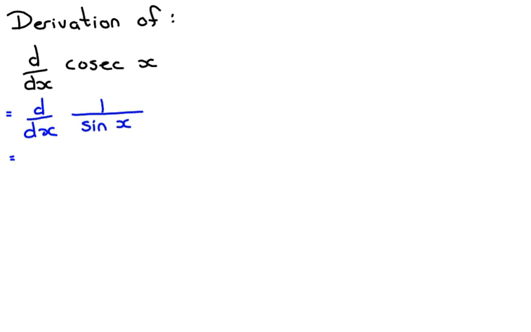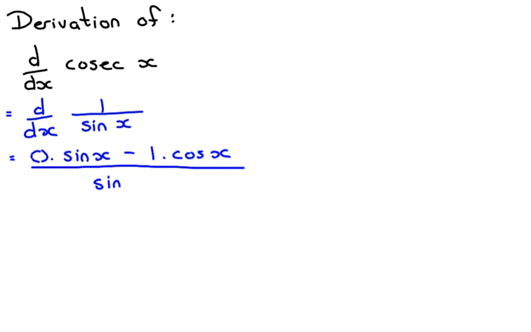The derivative of my numerator, 1, is 0, times the function in the denominator, sine x, minus the function in the numerator, 1, multiplied by the derivative of sine x in the denominator, which is cos x, all over the denominator squared. Obviously 0 times sine x is 0, so I'm left with minus cos x in the numerator and sine squared x in the denominator.